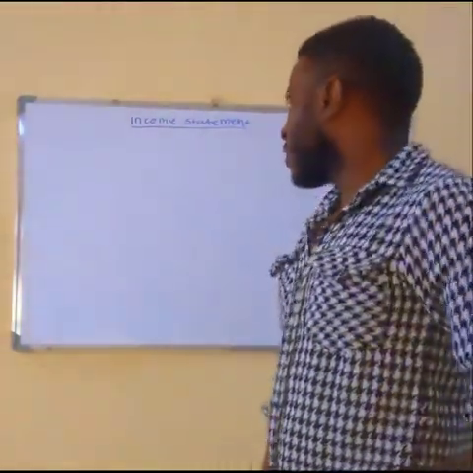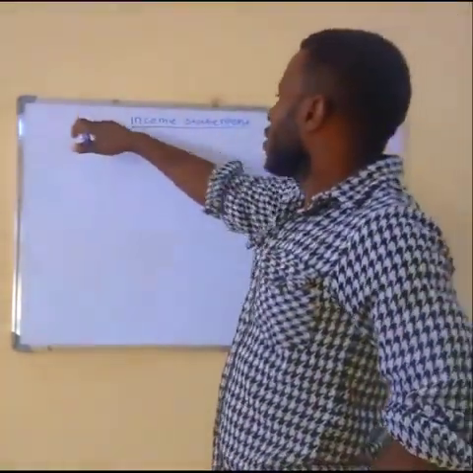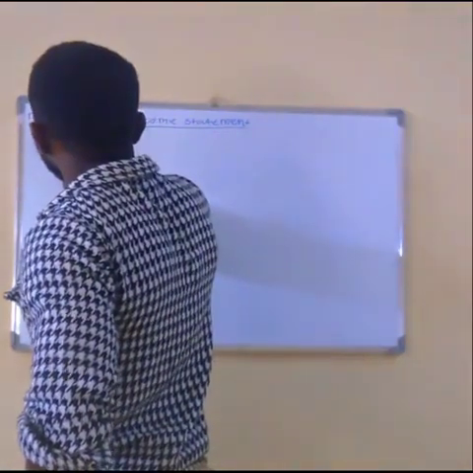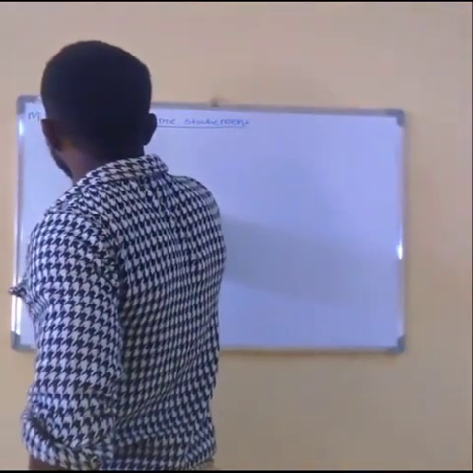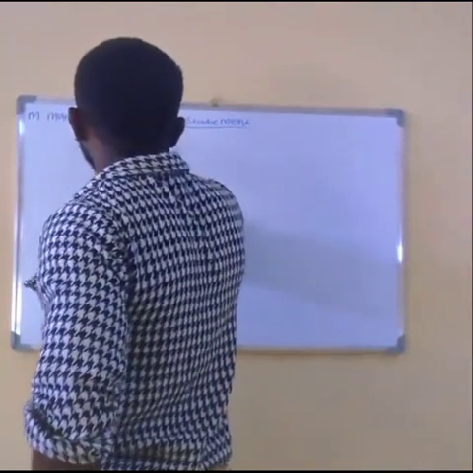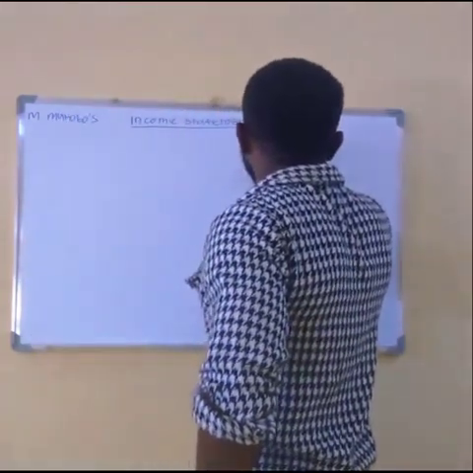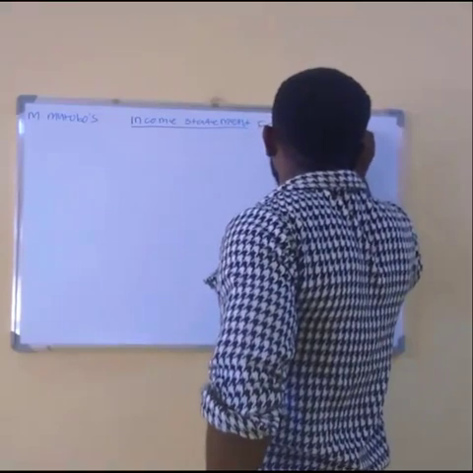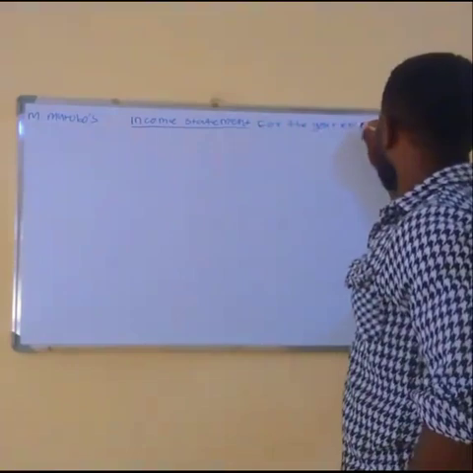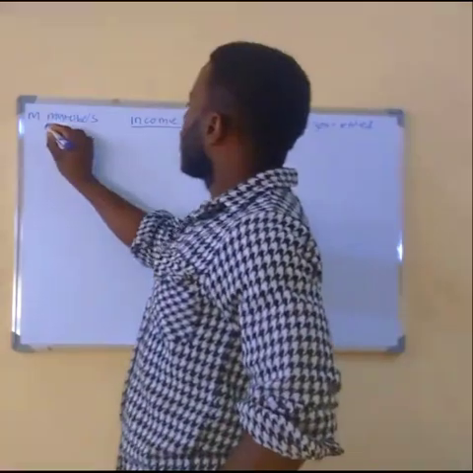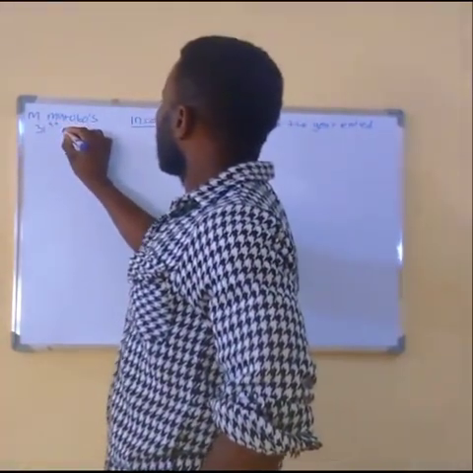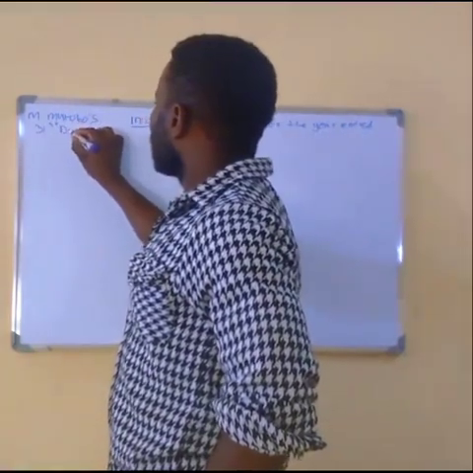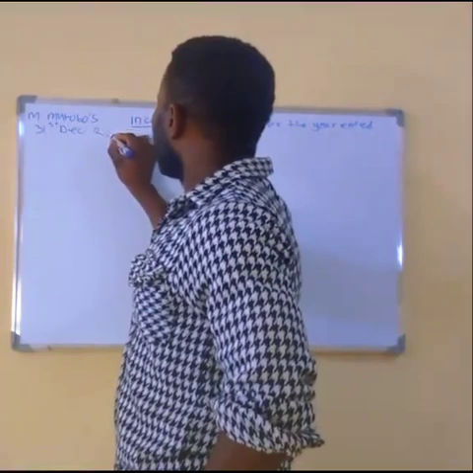So we're going to write up the title. I'll read out the title: M-Mutobo income statement for the year ended, let's just put 31st of December 2010.